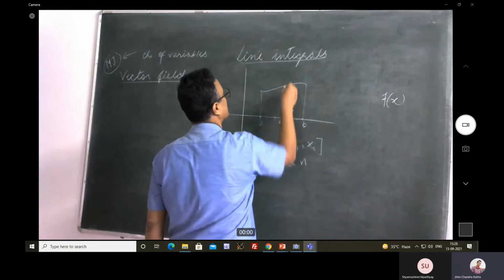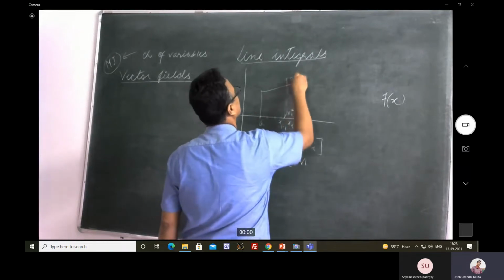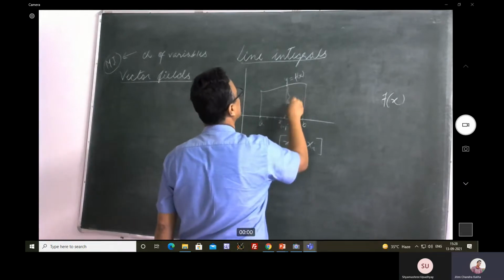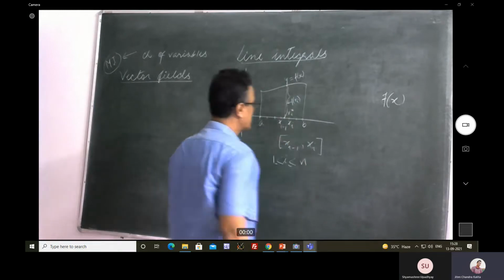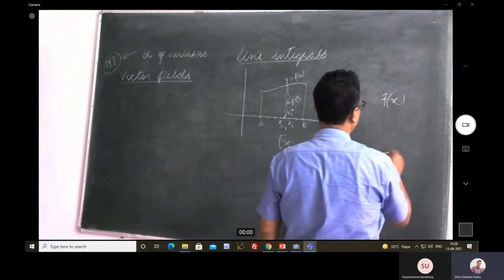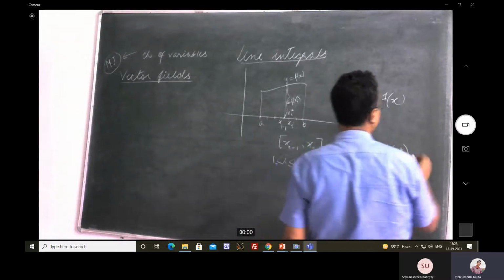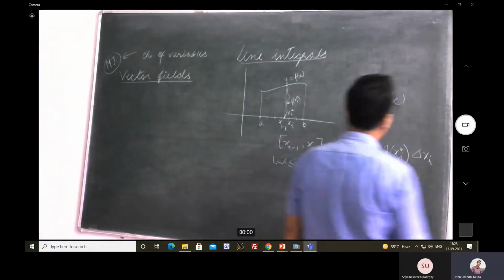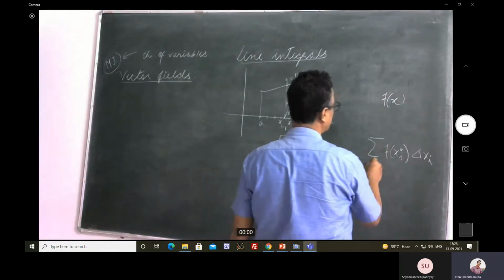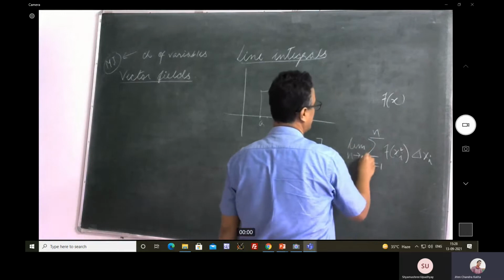Corresponding to this point xi star, if this is y equal to f of x, I would have this height, f of xi star. Then I would multiply this with the length of the interval, take their sum, and take the limit as n tends to infinity.